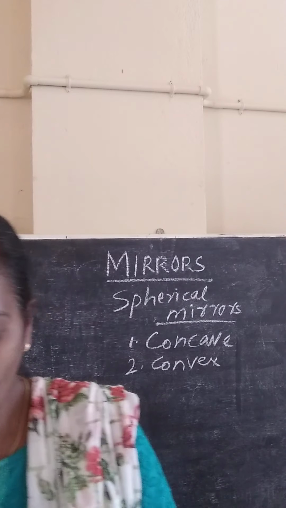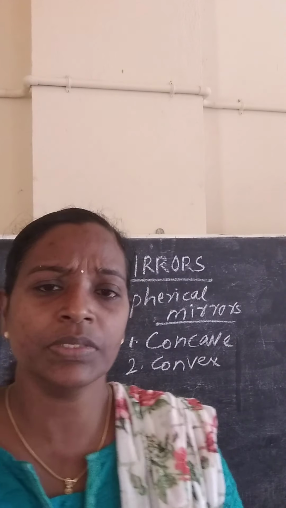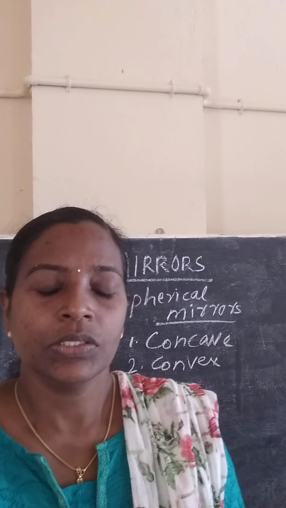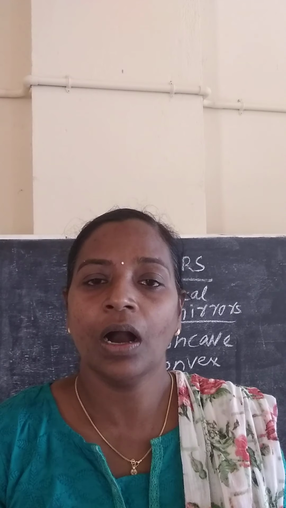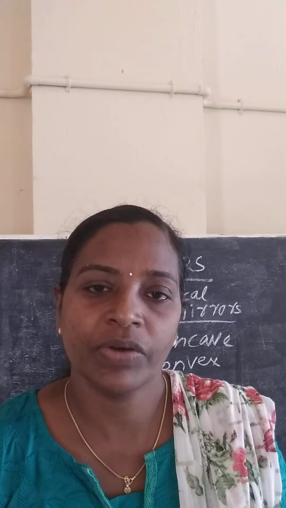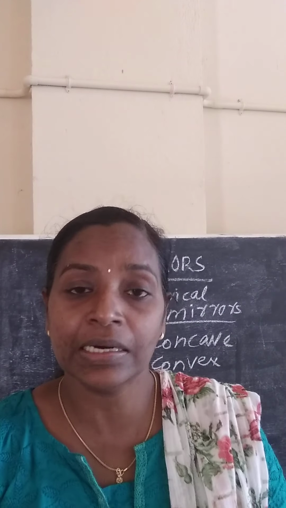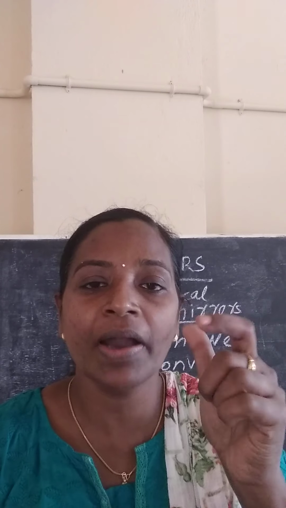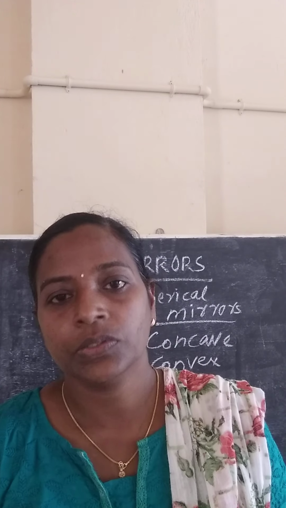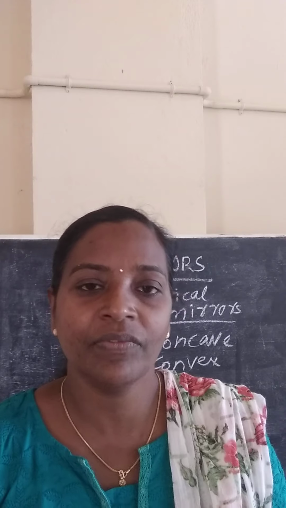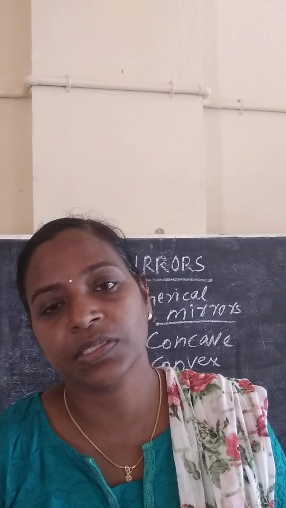Now we discuss the different terms and points. We are going to study what type of image can be produced by concave and convex mirrors. For that we should know some important terms and points of a mirror, for the concave mirror and the convex mirror separately.